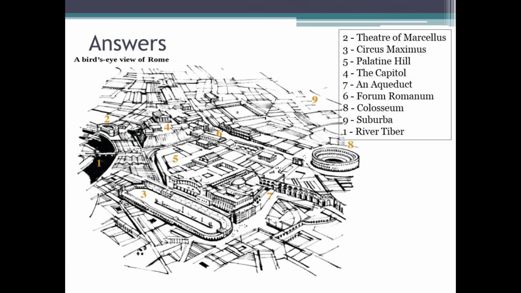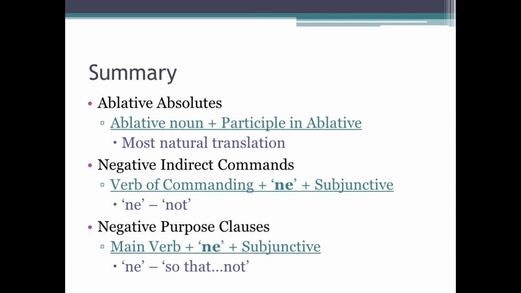That's good background knowledge. So we've now covered stage 31 of the CLC, so let's summarise. Ablative absolutes. These are formed with an ablative noun plus a participle in the ablative. And you should try to translate these in the most natural way possible.